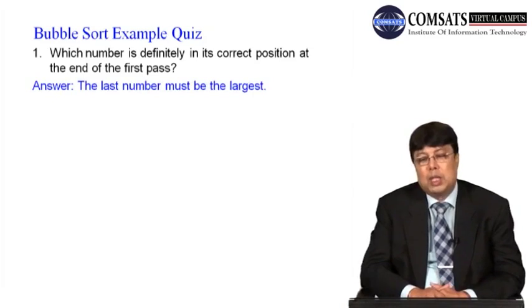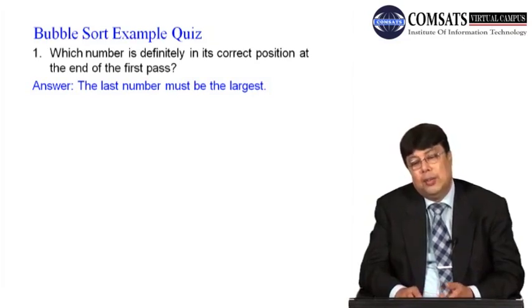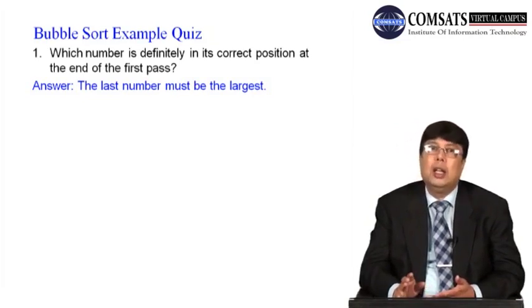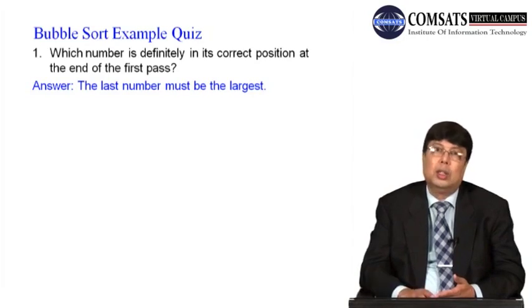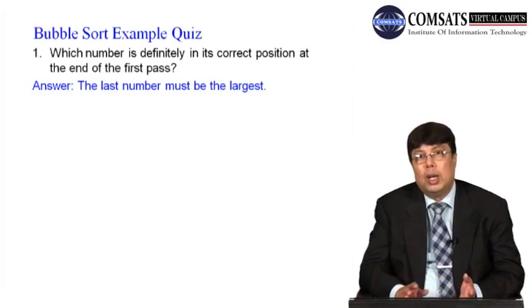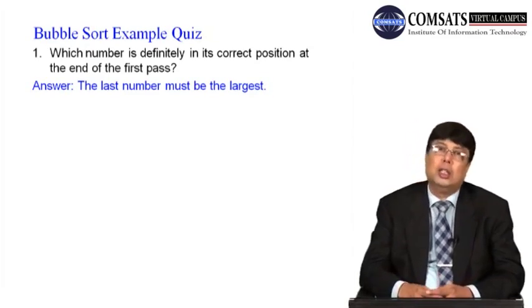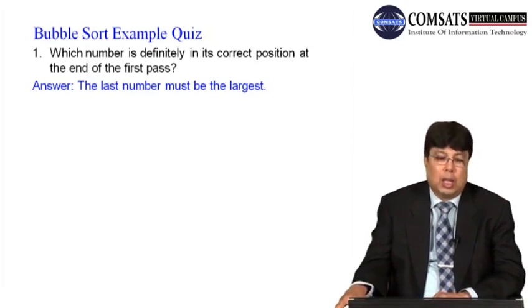The last number must be the largest. If you are sorting in descending order, then the smallest element will be at the last position. But since we have picked the example for ascending order, the largest element should be at the last position.